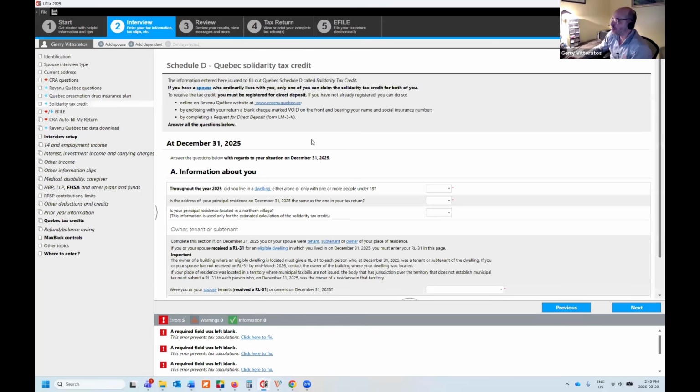All right. So we go next, and now we go to the solidarity tax. Right. Notice I'm just going one by one through the navigator sections. That's what the navigator is about. Okay, you got all the relevant sections of your return, and you just go through one by one. All right. So now solidarity, like I said, is either monthly or quarterly, depending on how much you're entitled to.